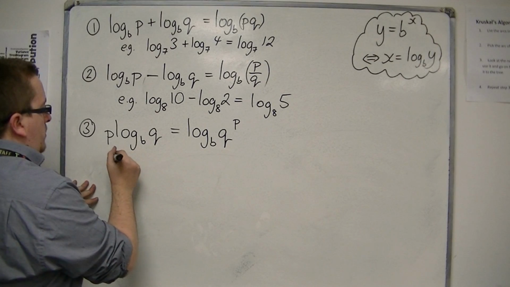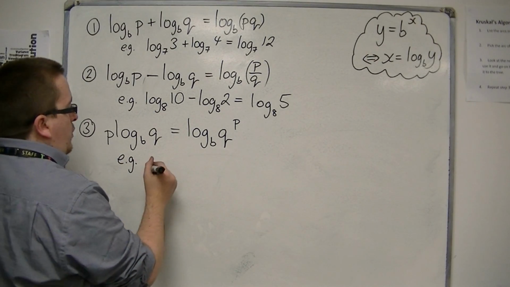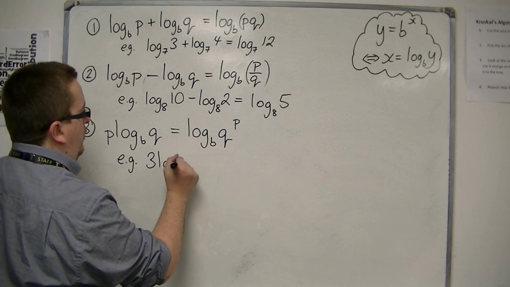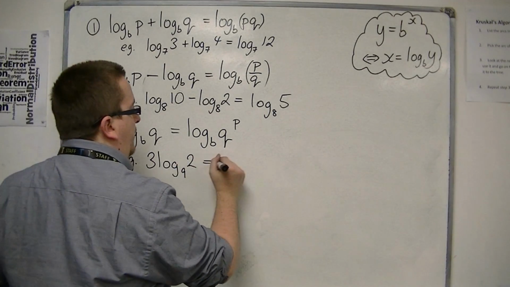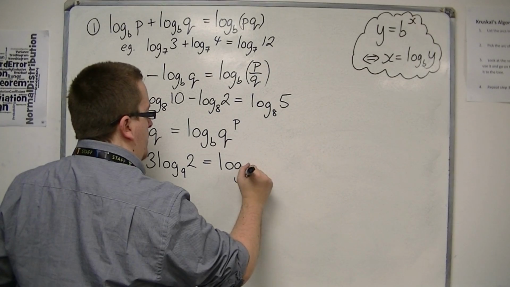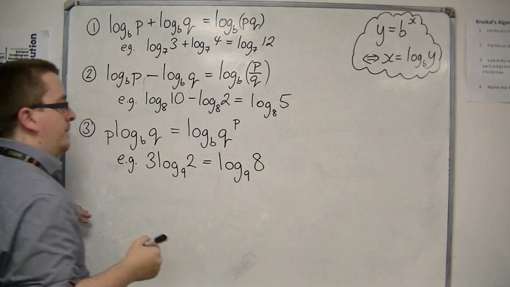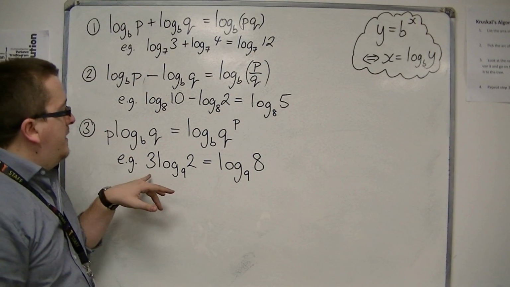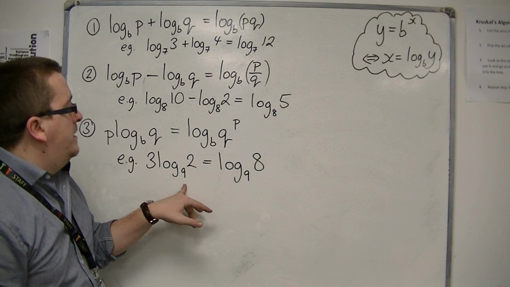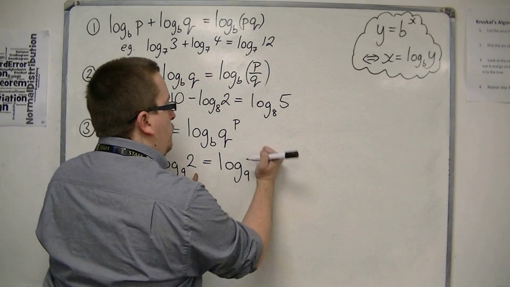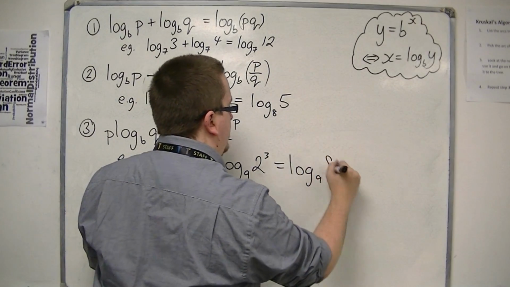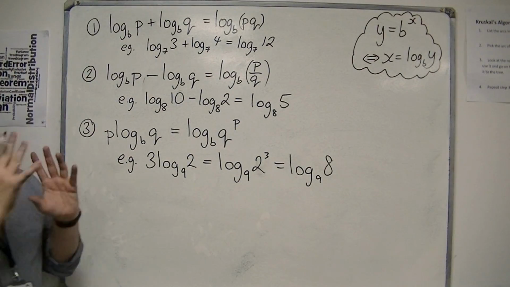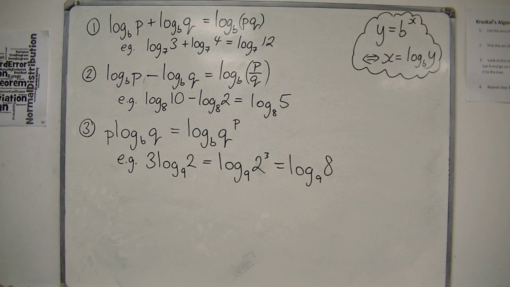So for example, if you had 3 log base 9 of 2, then this is the same thing as log base 9 of 8. Because we can write that as log base 9 of 2 to the power of 3, which is log base 9 of 8. And that's how we can manipulate logarithms either way.